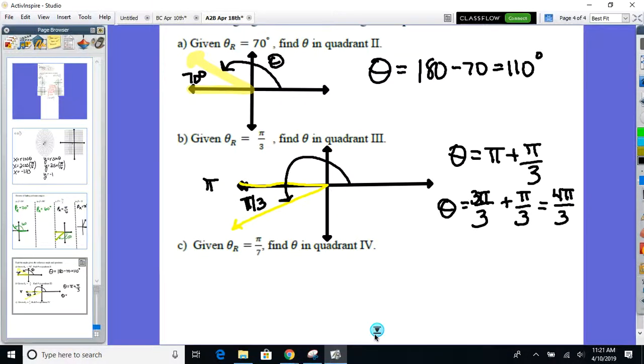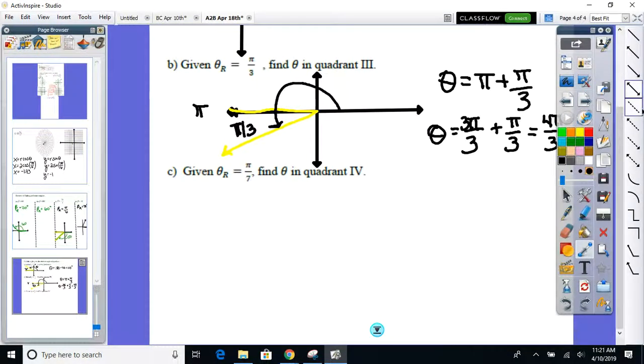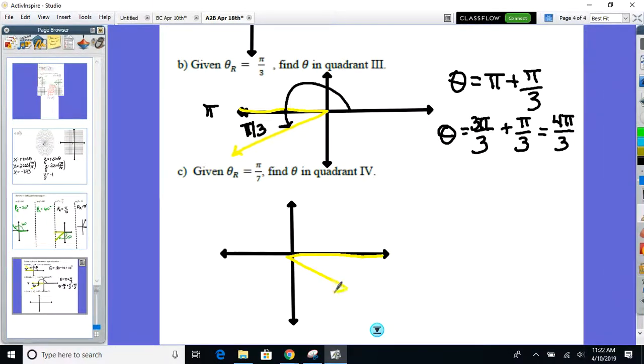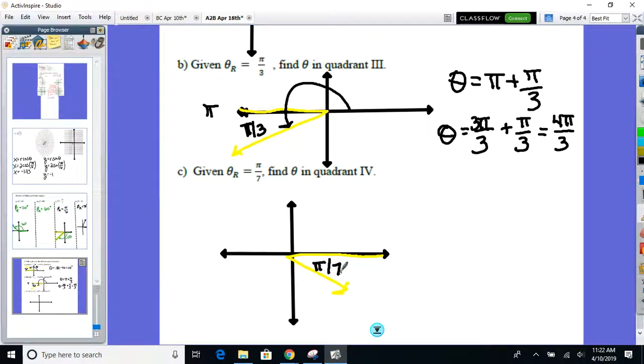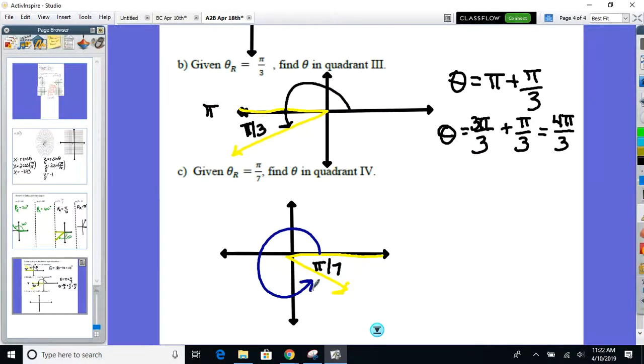All right, last one, we can get this. Quadrant 4, reference angle of pi over 7. Go ahead and draw it if you need to. You're in quadrant 4. Reference angle with the x-axis. That's pi over 7. First, think about what you need to do to find that full angle.